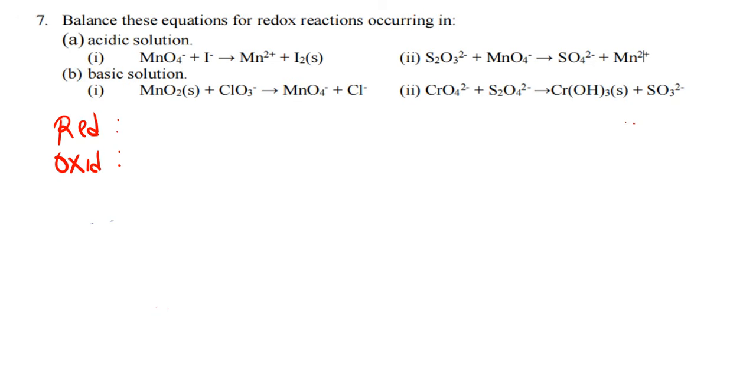In terms of oxygen, what happened? It had oxygen initially, but it lost that oxygen. Because there was a loss of oxygen, this one is going to be a reduction reaction. The reduction half in this case is just going to be ClO3 minus, giving us chlorine like that.